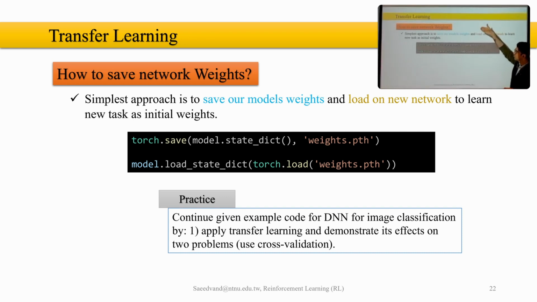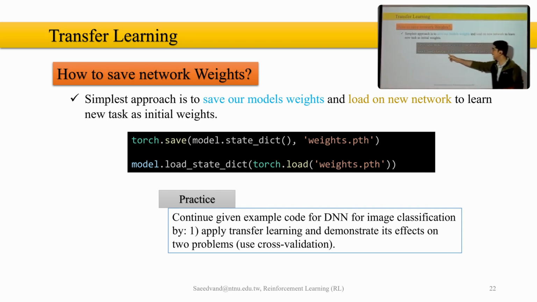Of course, we don't use it only for transfer learning. If you want to train it, load it, and test it, you can use the same code. Here in transfer learning, you write torch.save with the model's state dictionary and the path where you want to save. With this line, you can save the data in the directory that you want.